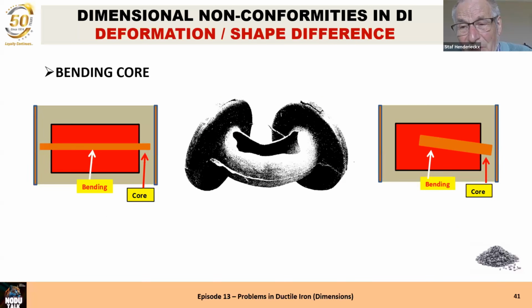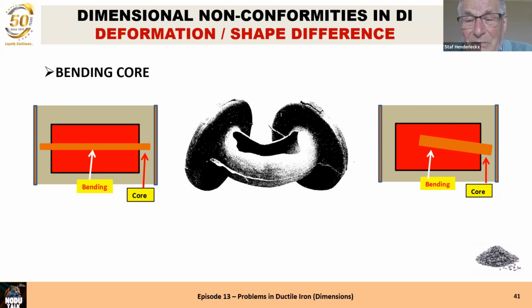When you have a core, make sure that the core print is really very strong and dimensionally big enough to avoid that it will bend. People then mostly say, yes, but there must be a gap between the core and the mold. If there is a gap between the core and the mold, the core will move during the filling of the casting and it will not be horizontal anymore.